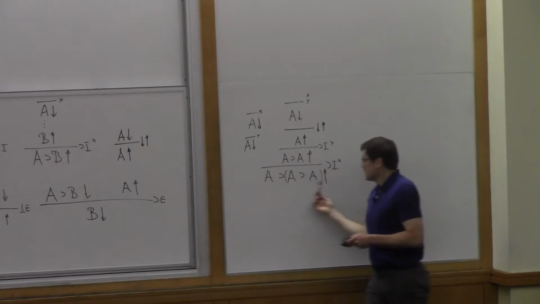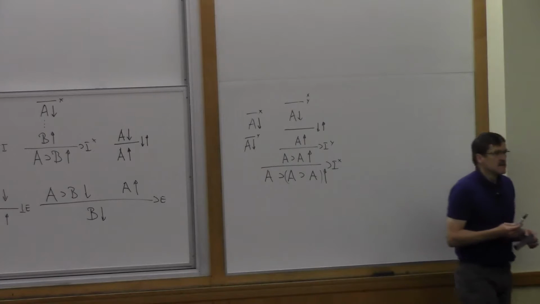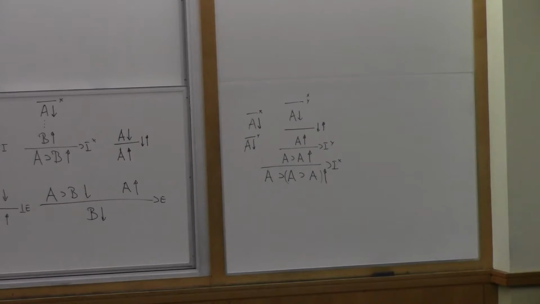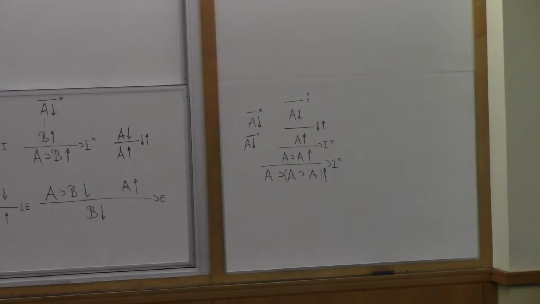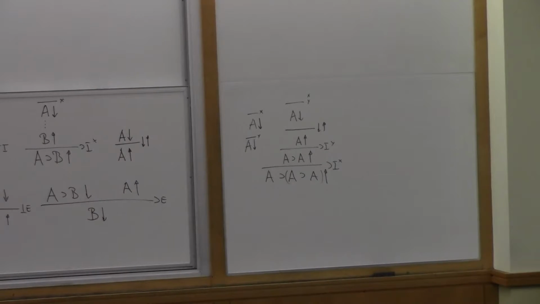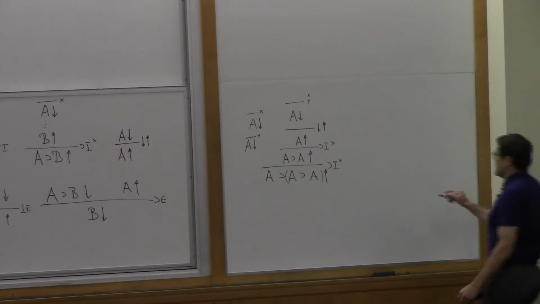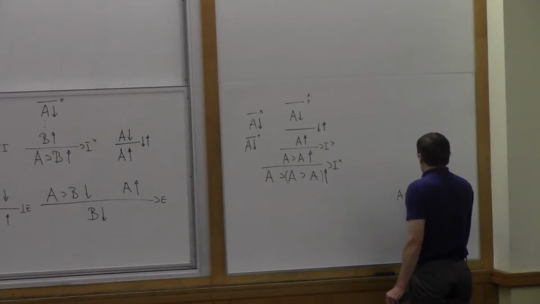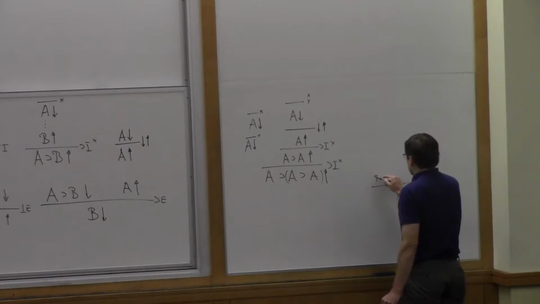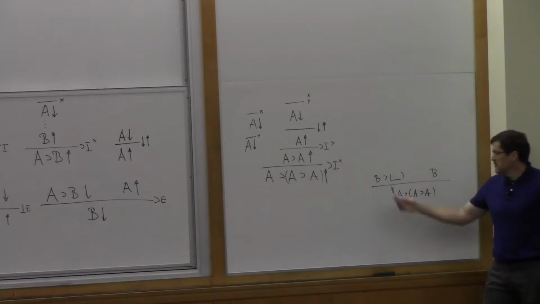How many proofs are there of the statement A implies A implies A? Infinitely many. Why is that? Well, I can always decide to prove A implies A implies A by proving that B implies that, and B for any B that's true.